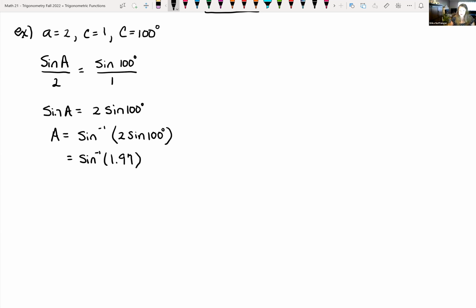It's going to say error domain or something in your calculator when you plug that in. So this is not possible. And this was trying to find my first triangle. If the first triangle doesn't exist, that means my second triangle is not going to exist either. And so no triangle exists with the information that we're given.